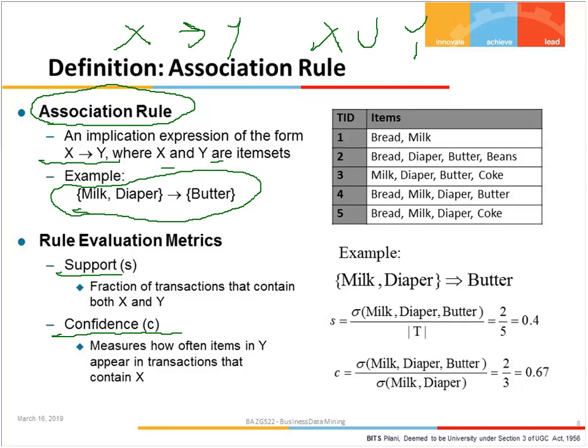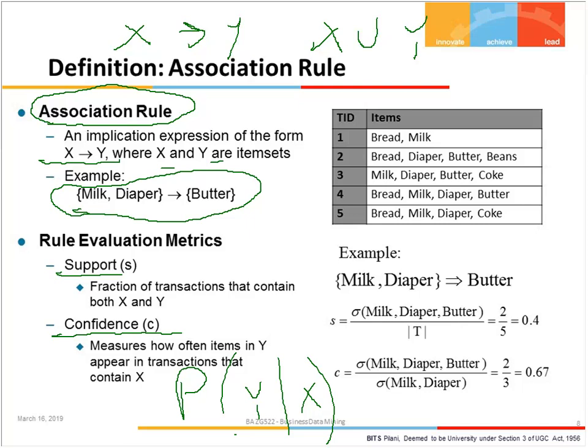Confidence measures how often items in Y appear in a transaction which already contains X. We may write this as a conditional probability: probability of Y given X. This will be written as probability of X union Y divided by the probability of X. Now if we look at milk, diaper, butter, it is occurring in 2 transactions.